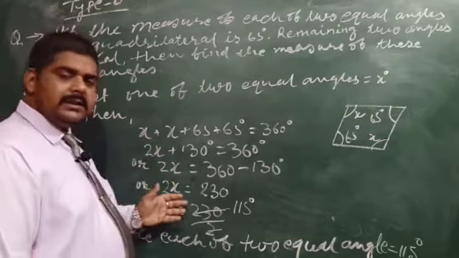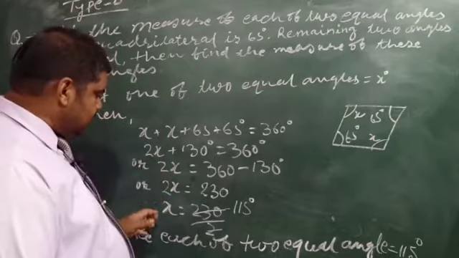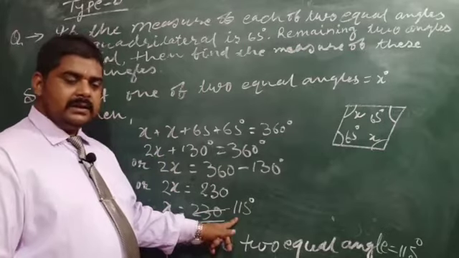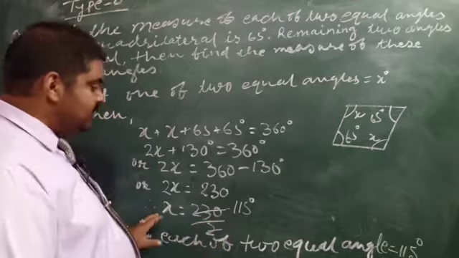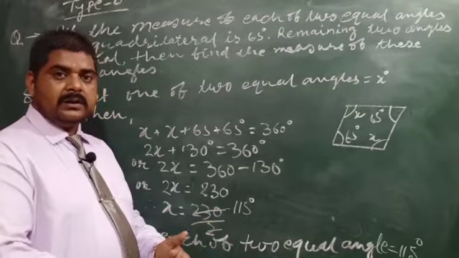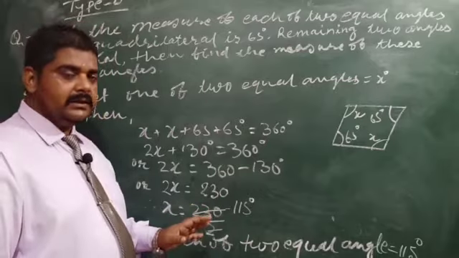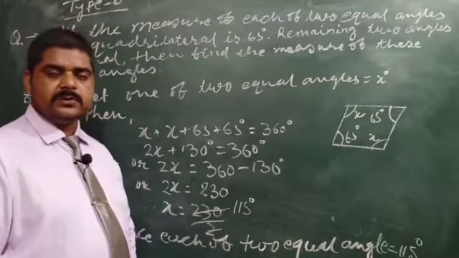On simplification, you get x is equal to 115 degree, and therefore each of the two equal angles must be 115 degree. That is the solution of this question.